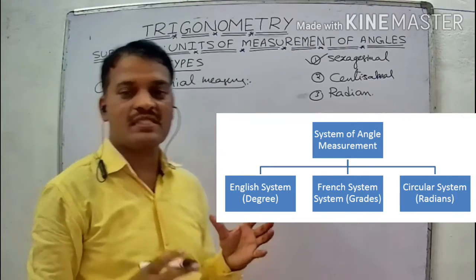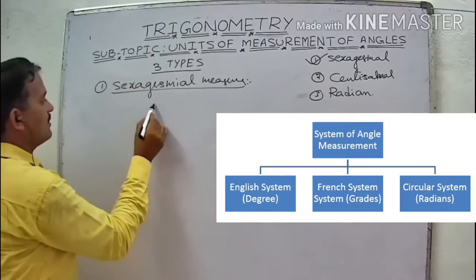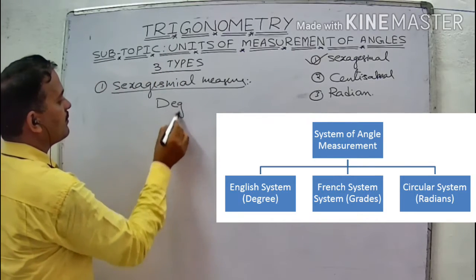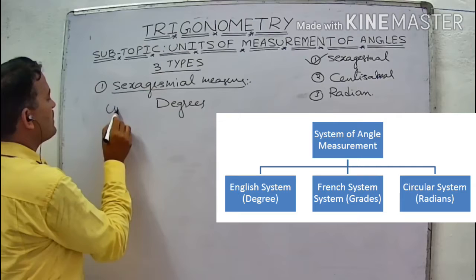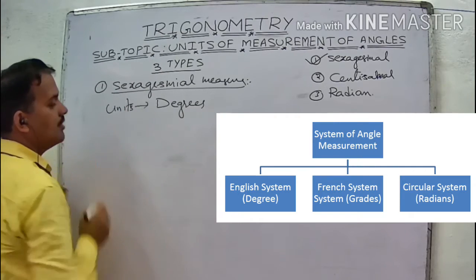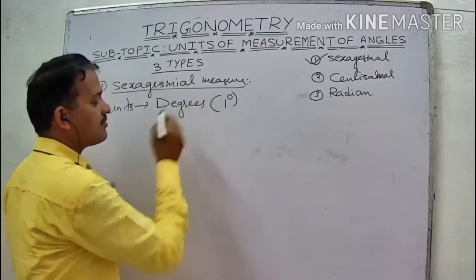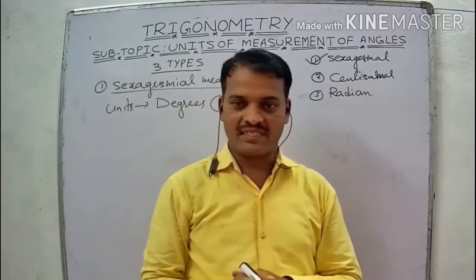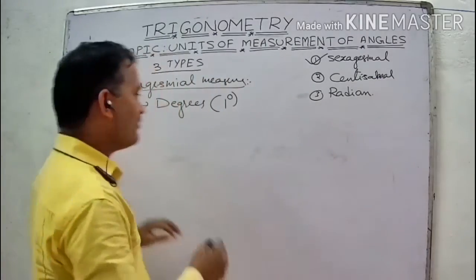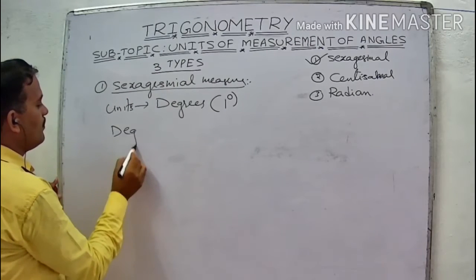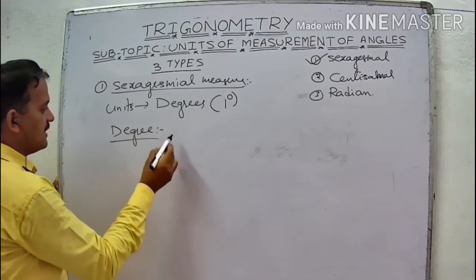Units of sexagesimal measure is degrees. Units are degrees means it can be written as 1 power of 0, that is called 1 degree, my dear friends. So now what is the definition of a degree?